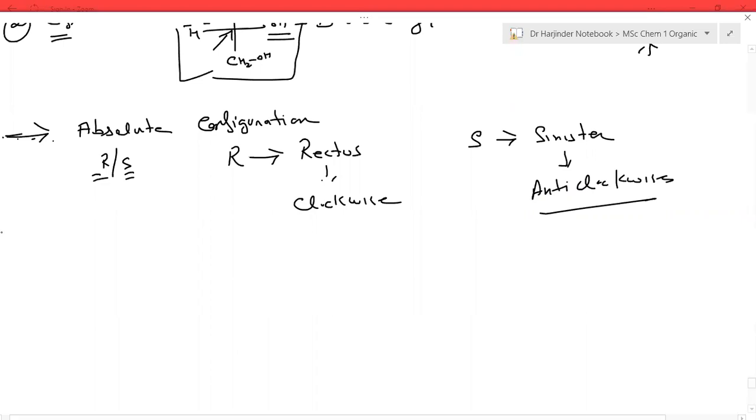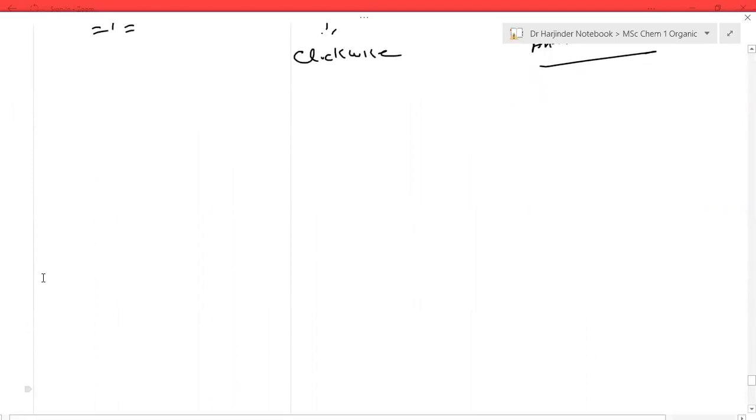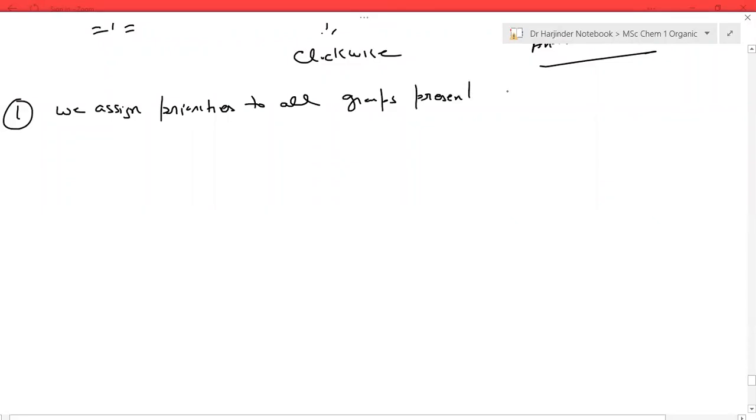So how do you assign R and S configurations? There is a very simple method. First of all, we assign priorities to all groups present around the chiral carbon, and we assign priority higher to lower, that means like 1, 2, 3, and 4.